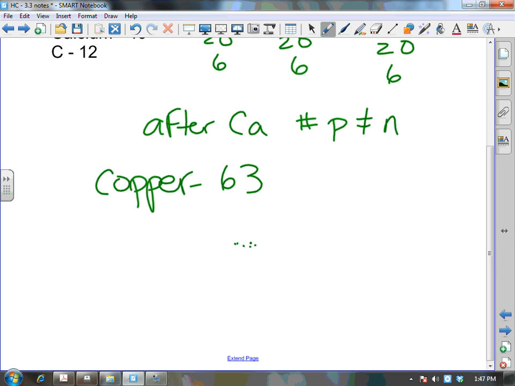That means the number of protons for copper is equal to 29. The number of electrons is equal to 29. And the number of neutrons is the difference between that, which we can see in this example is 34. So again, we see they start to be different as we move on.